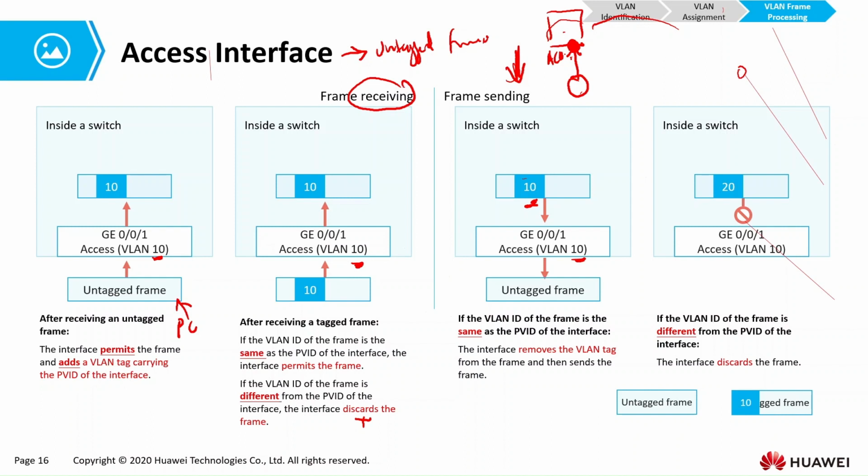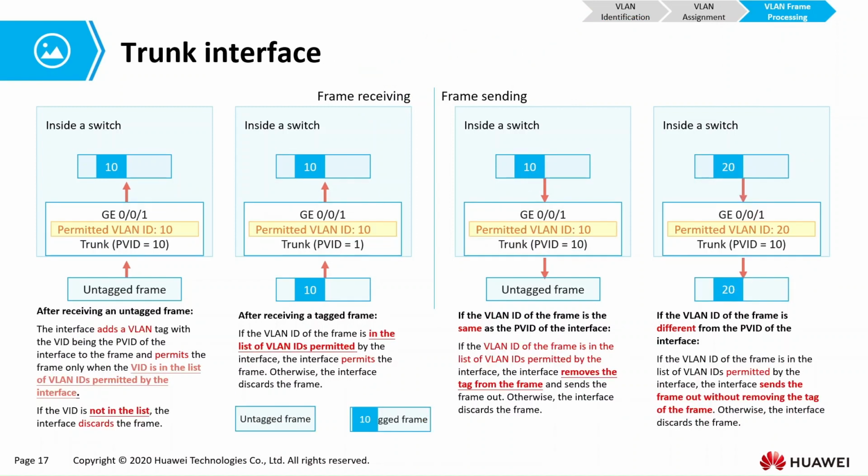For the trunk interface, just remember they only allow frames whose VLAN ID is on the permitted list. You configure the trunk port allow-pass VLAN, which are the VLAN IDs you permit to pass.